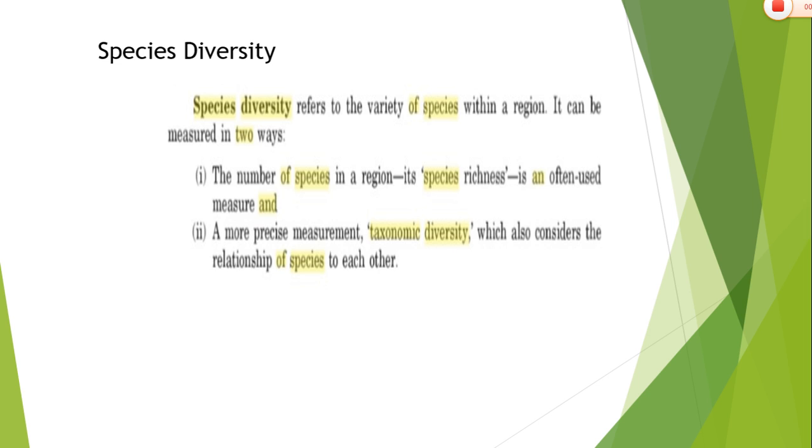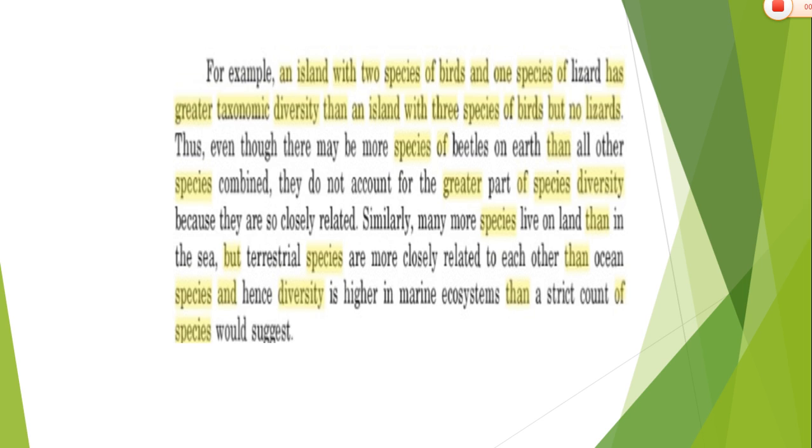The number of species in a region, its species richness, is one often used measure, but a more precise measurement, taxonomic diversity, also considers the relationship of species to each other. For example, an island with two species of birds and one species of lizards has greater taxonomic diversity than an island with three species of birds.